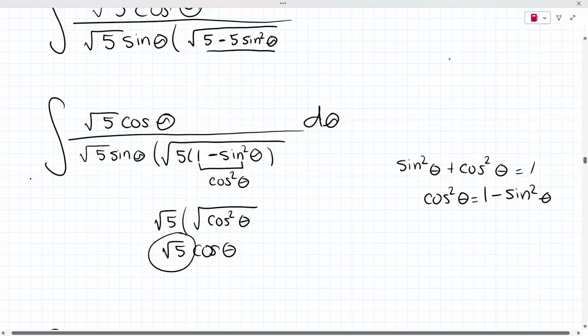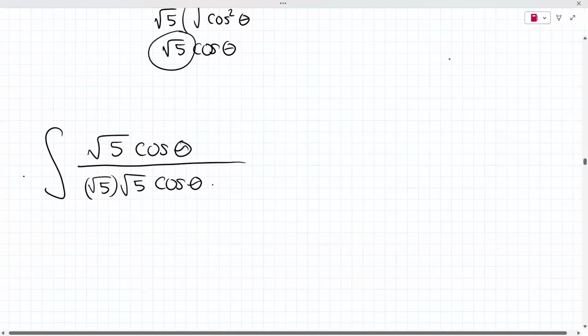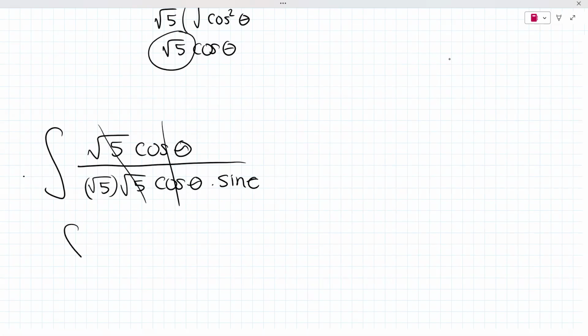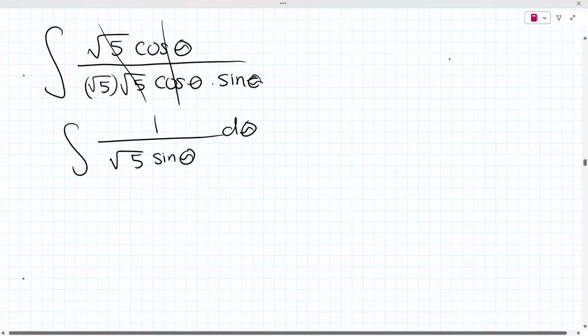Oops, also forgot this extra sine theta, so bring that down as well. So yeah, it's all about canceling. So this cancels, this cancels. Now you're left with 1 over square root of 5 sine theta d theta. Okay, and then 1 over square root of 5 is a constant, so you may take that out.